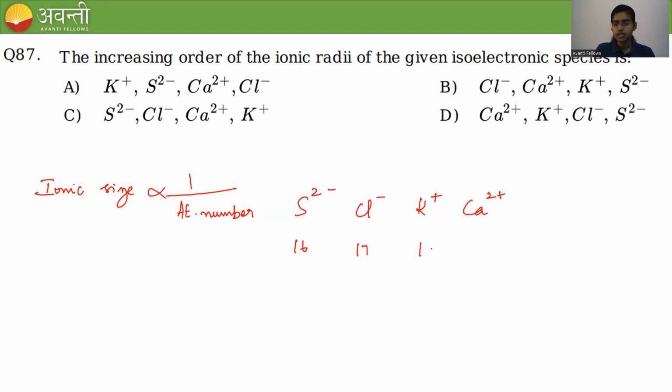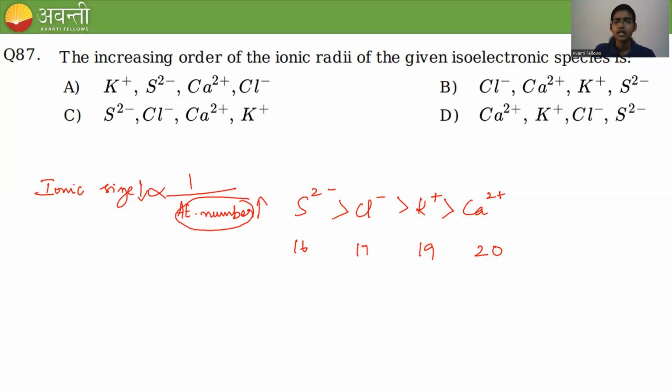For potassium it is 19 and for calcium it is 20. So the one which is having the highest atomic number will have the smallest size. So who is the species which has the highest atomic number? Calcium 2 plus. So it is having the smallest size. And then potassium, Cl minus and S2 minus.